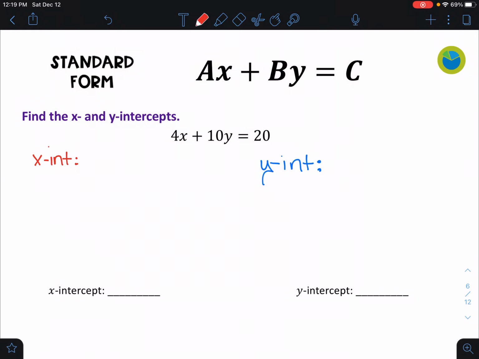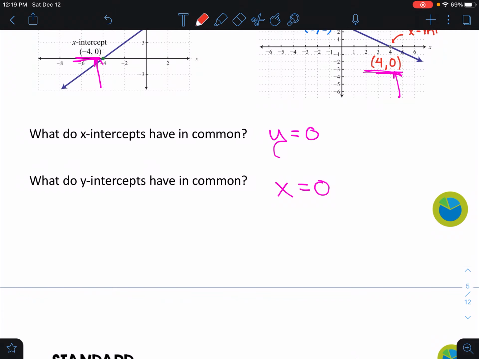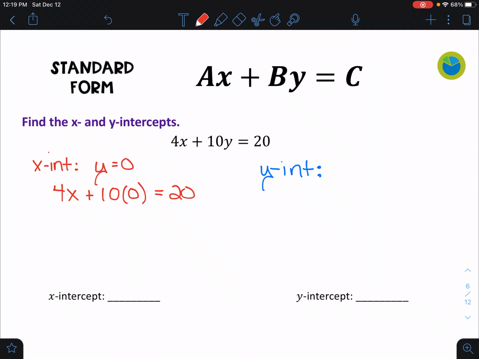Well, we just said on this previous slide that the x-intercept is where y equals 0. So what we're going to do is write y equals 0 for x-intercepts, and we're just going to plug a 0 in for y right there. So I'm going to write 4x plus 10 times 0 equals 20.